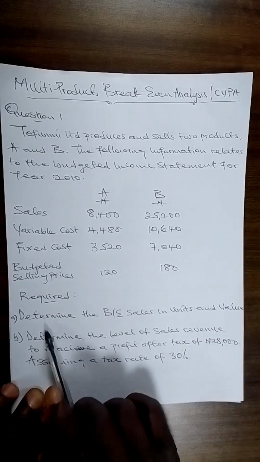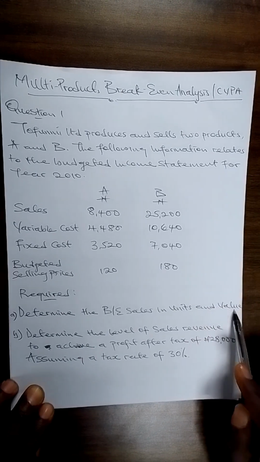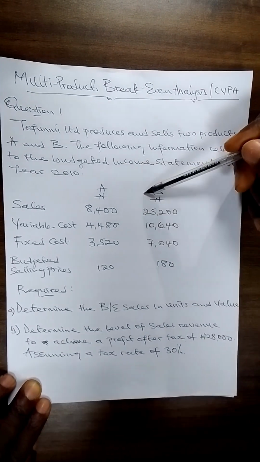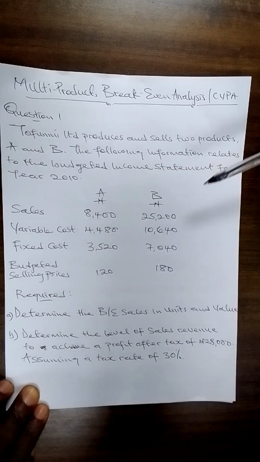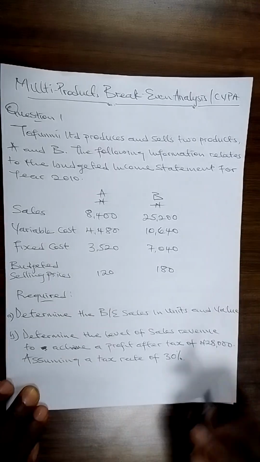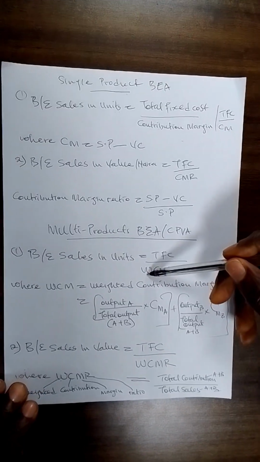So required, determine the break-even sales in unit and in value. Now, this question is on multi-product break-even analysis. So the formula we are using will be this formula.